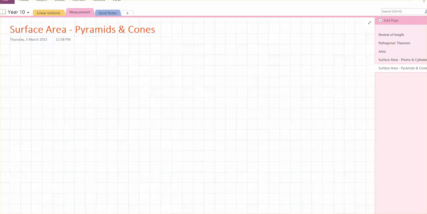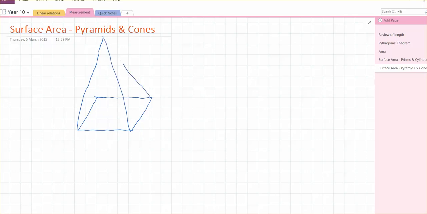So if we just have a look at my feeble attempt to draw a pyramid, please don't laugh. This is going to be an attempt at a square-based pyramid. These are supposedly straight lines. So what we end up with is something like so, where we've got a base of whatever shape.